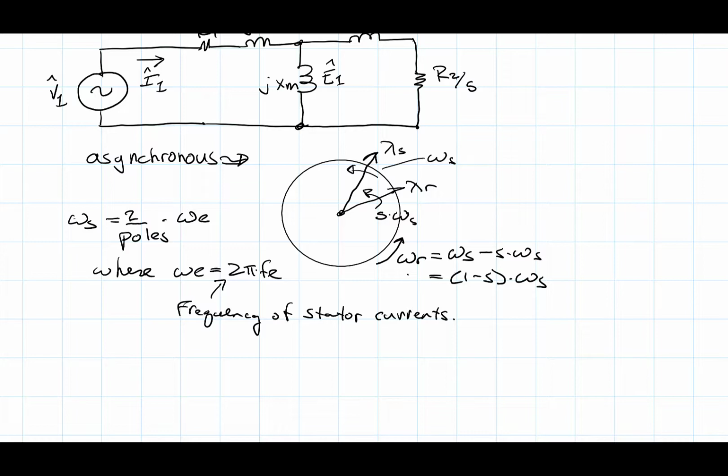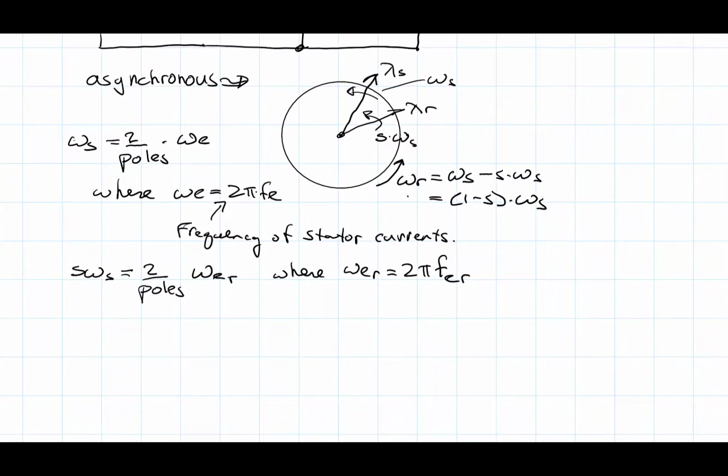A similar relationship results with the rotor, where slip times the synchronous speed is equal to 2 over poles times the electrical frequency of the rotor, where omega ER equals 2 pi times the rotor electrical frequency.